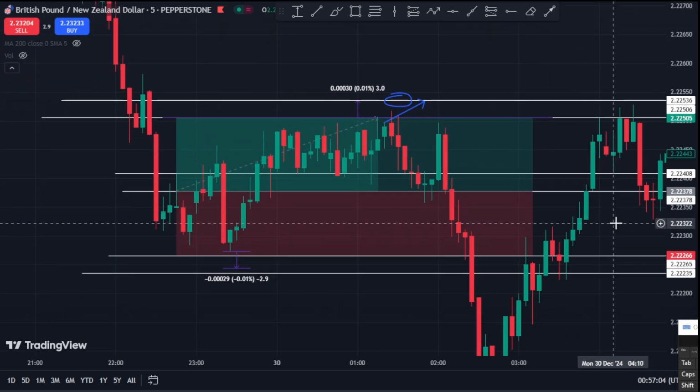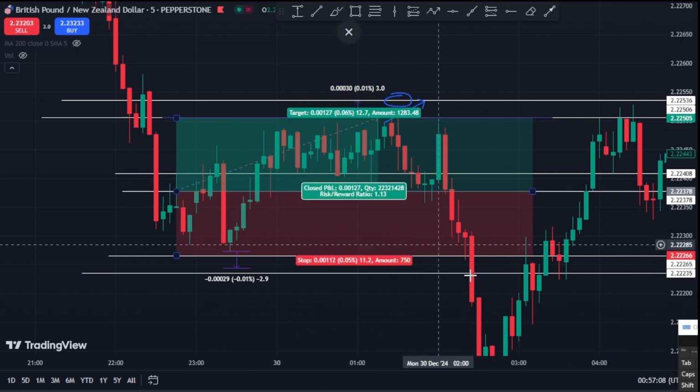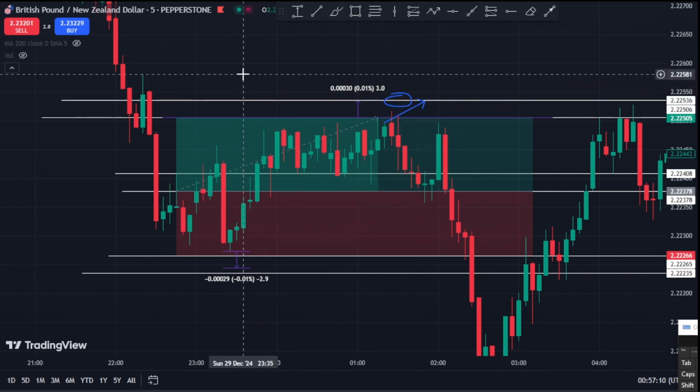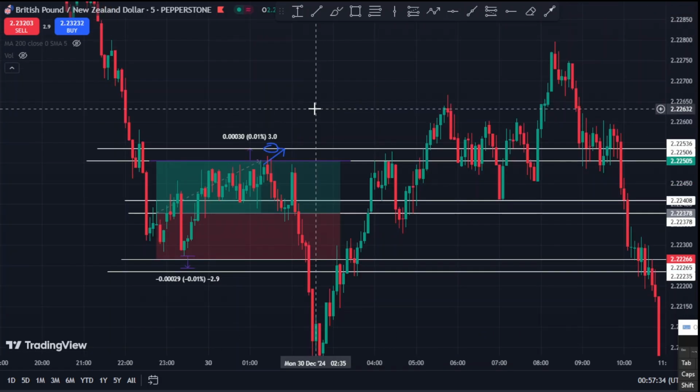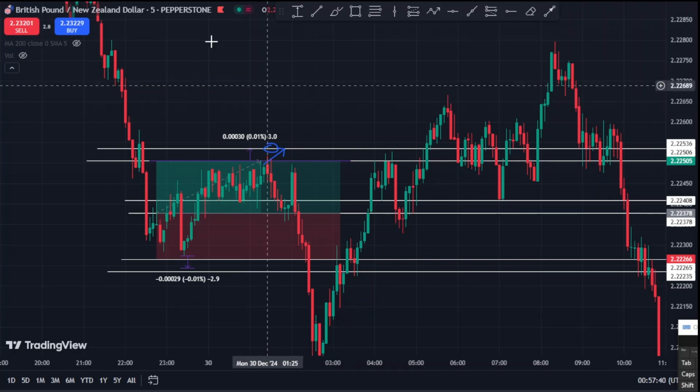So this is the effect of pip spread in trading. And now I'd like us to look at how we can go around it. We're going to look at different ways to avoid it, and this was the first.